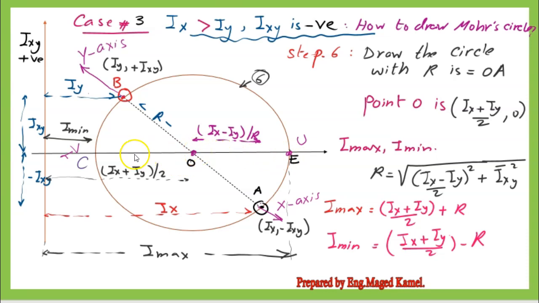It equals (Ix plus Iy) over 2 minus R. We can find that the line OA represents the x-axis in Mohr's circle, while line OB is the y-axis in Mohr's circle.